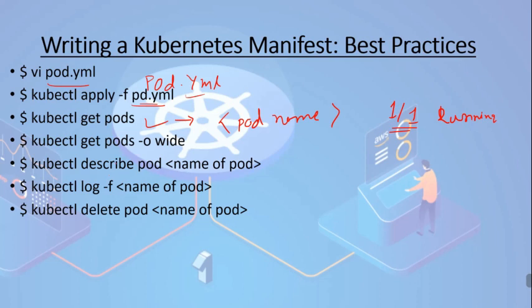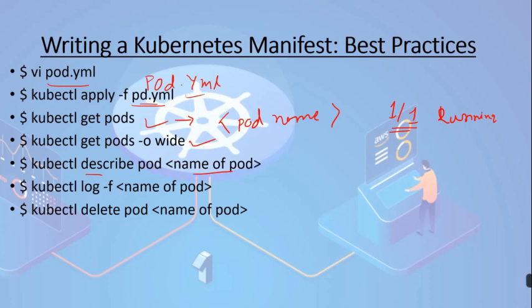Then if you want to know more details about the pods, you will use this command: kubectl get pods -o wide. If you want to describe your pod, meaning all the details about the pod, apply this command: kubectl describe pod and the name of the pod.